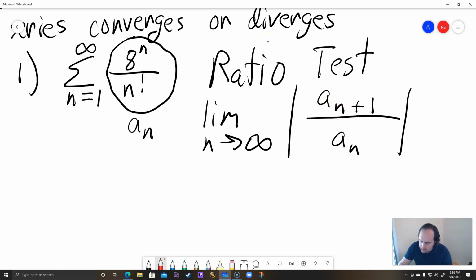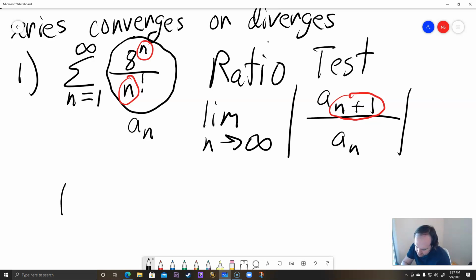So what is that going to look like? Well, instead of 8 to the n over n factorial, we're going to have 8 to the n plus 1 over n plus 1 factorial.